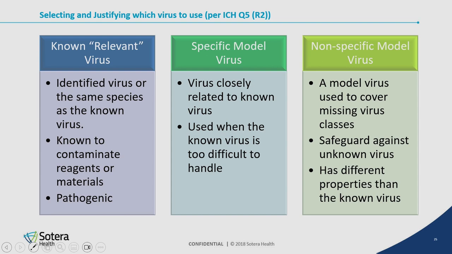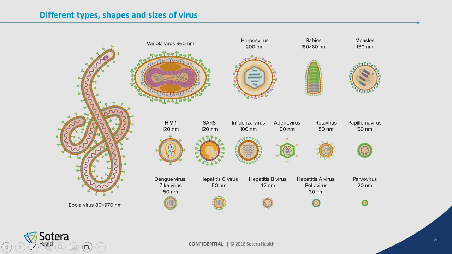It helps give you a safeguard against those unknown viruses that hopefully do not appear within your process or your system. And it has different properties than the known virus has. So you're really looking at some variability in your virus spikes.